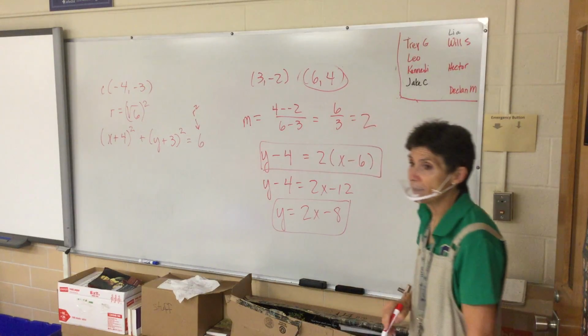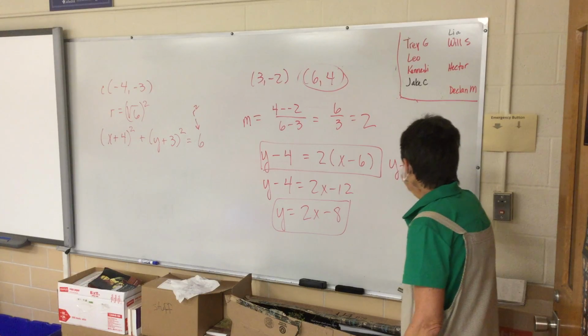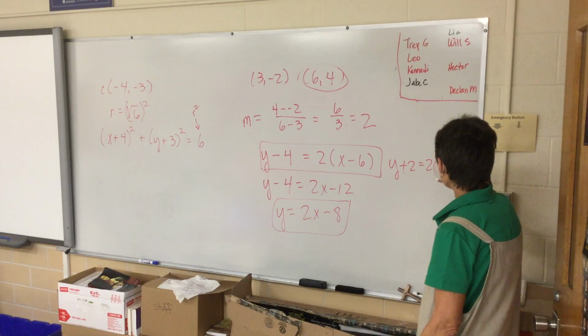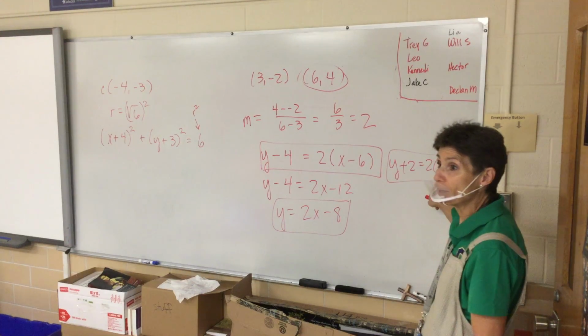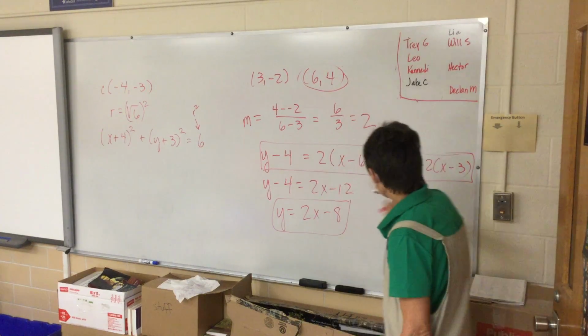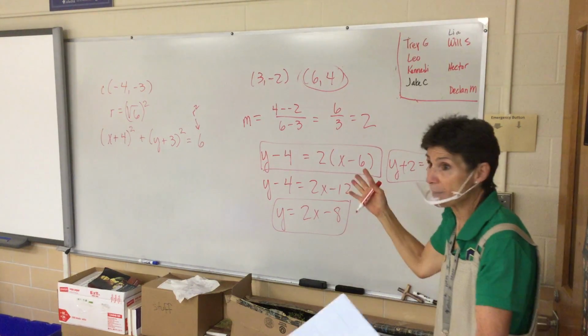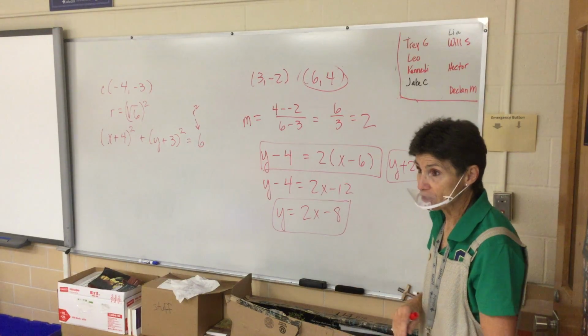So either one of those, and actually, y plus 2 equals 2 times (x minus 3) would also be a possible answer. That's the point slope if I use that point. So all of these would be acceptable, depending on the directions.